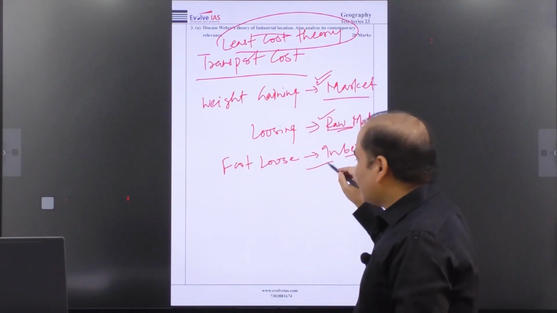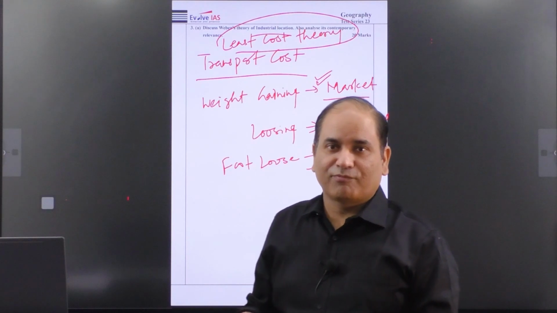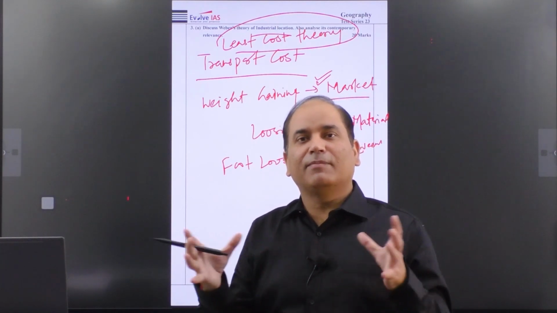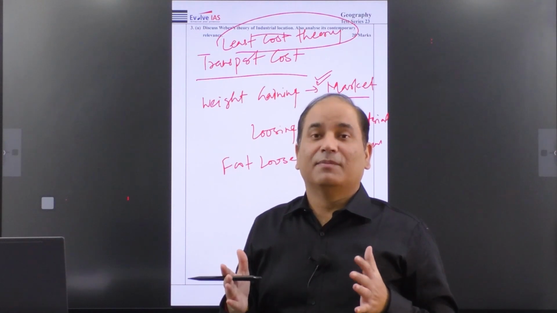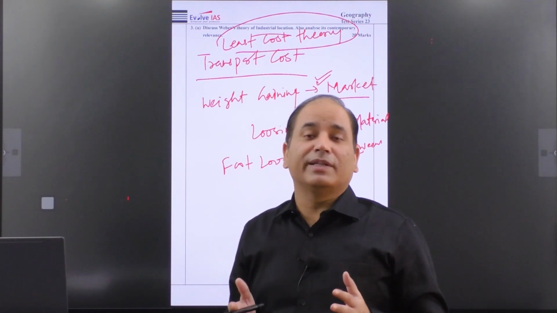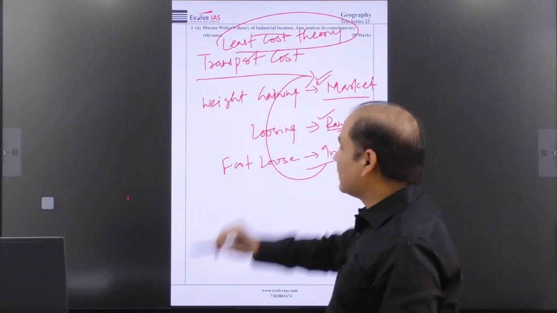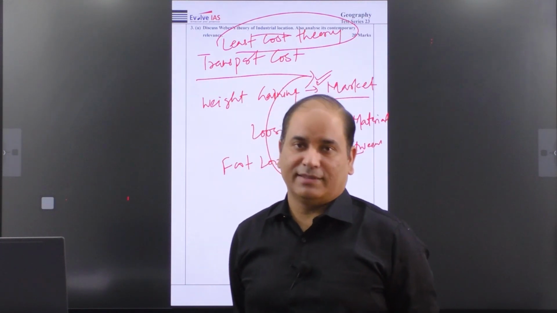When you look at some of the oil refineries, textile, cotton textile, you will find earlier they have been set up in between. But now in the contemporary time period, even these footloose industries are also showing a tendency to be set up near to the market.